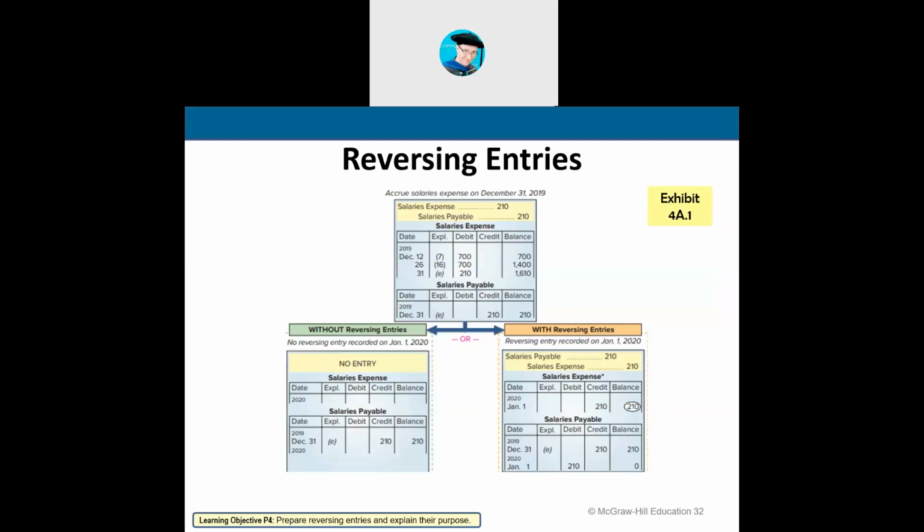Well, if I already closed out the accounts, there's only one way to do that, and that's called a reversing entry. And so what I would do is I would debit salaries payable and credit salaries expense to get it out of payable and reduce the expense. And then I would make the adjusting entry by debiting salaries expense and crediting salaries payable for that next month.